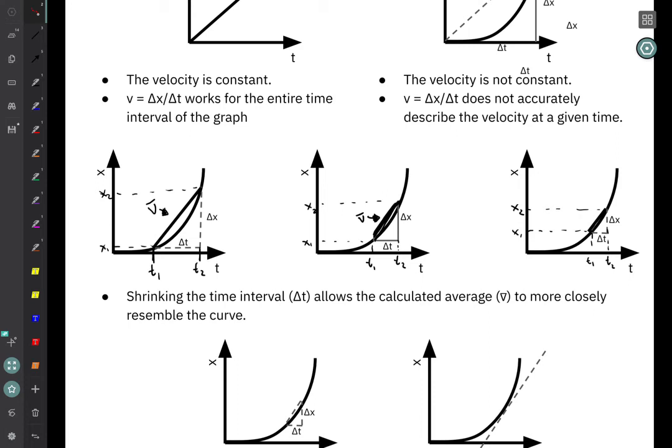As we continuously shrink that time interval and subsequently our position interval, that line connecting those 2 points is going to shrink to basically no time and no change in position, and that will be a really good way to represent almost instantaneously what the velocity is at that point.